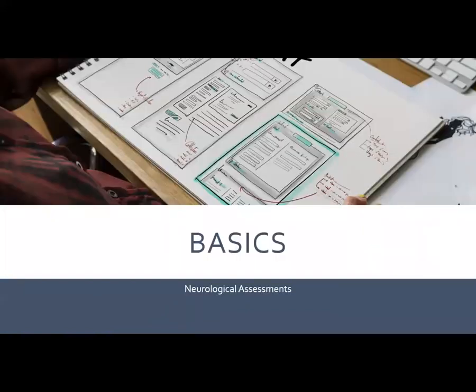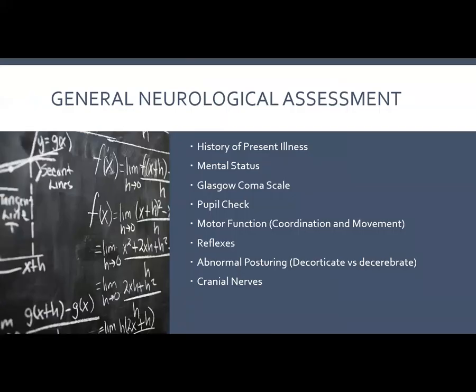The next thing we're going to talk about is just our basic neurological assessments. So on here, we have just general neurological assessments: history of present illness, mental status, Glasgow Coma Scale, pupil check, motor function, reflexes, abnormal posturing, and cranial nerves. So typically the first thing you'll do for a neuro check is check the patient's mental status, which can align with their GCS.